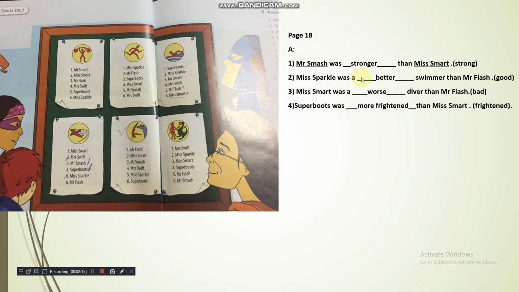Mrs. Sparkle was a better swimmer than Mr. Flash. Number 3. Mrs. Smart was a bad diver than Mr. Flash. Bad. Mrs. Smart was a worse diver than Mr. Flash. Super Boots was more frightened than Mrs. Smart.